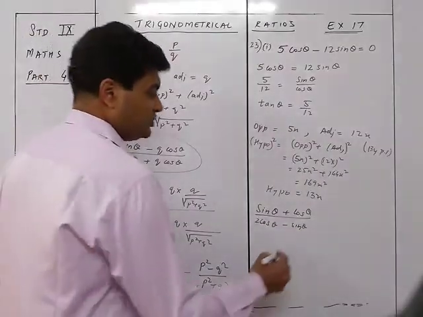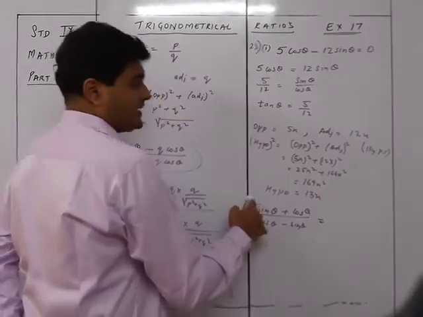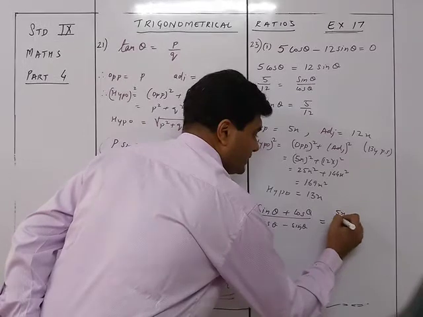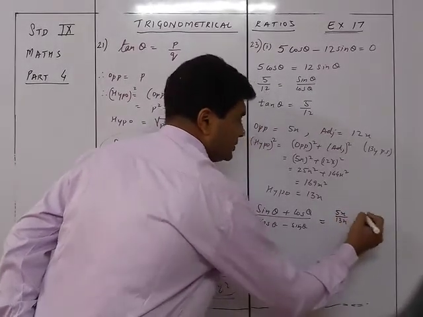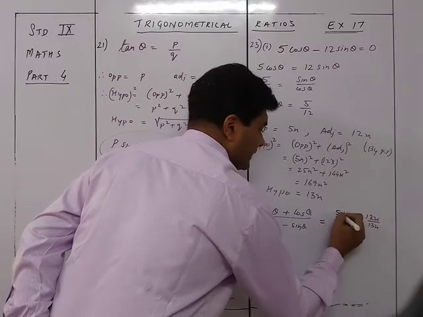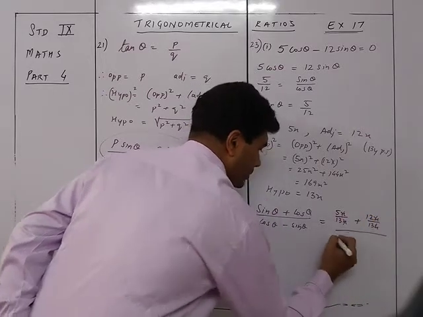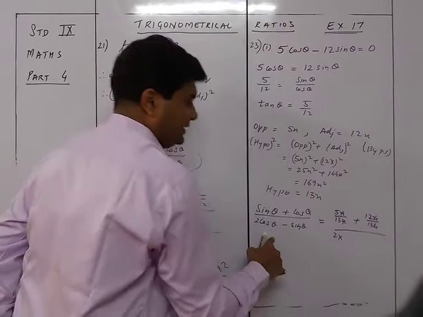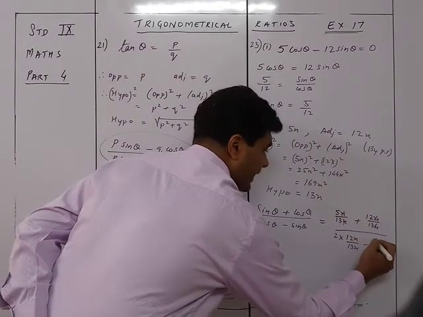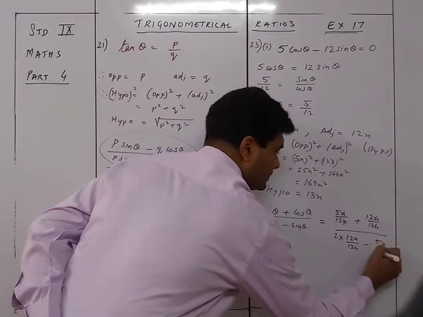So sine is 5 upon 13. So 5x upon 13x plus 12x upon 13x, x gets cancelled, upon 2 into cos theta, which is 12x upon 13x, minus 5x upon 13x.